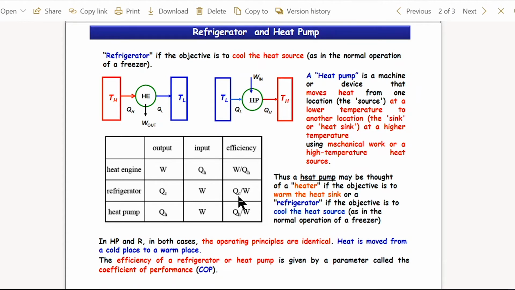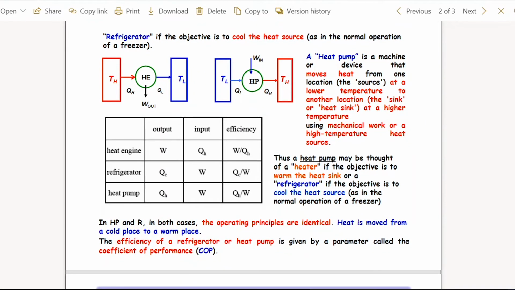If you want to heat up the environment, then the heat is not supposed to be taken out from a lower temperature system, it should be given to a higher temperature system. So for the heat pump and heat engine, the efficiencies are not called efficiency. Instead of efficiency we say coefficient of performance.